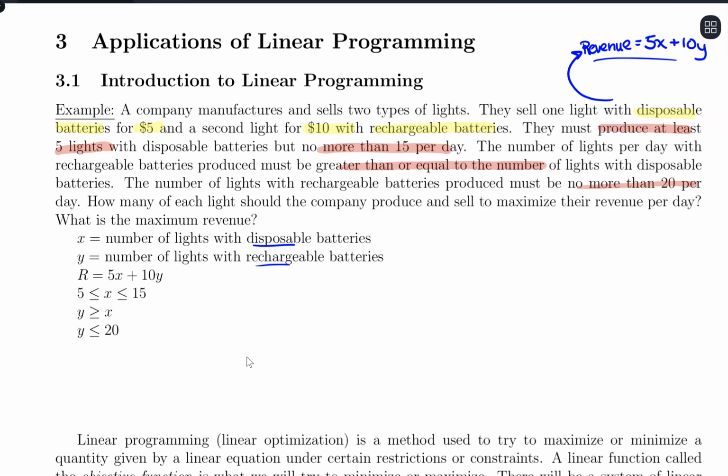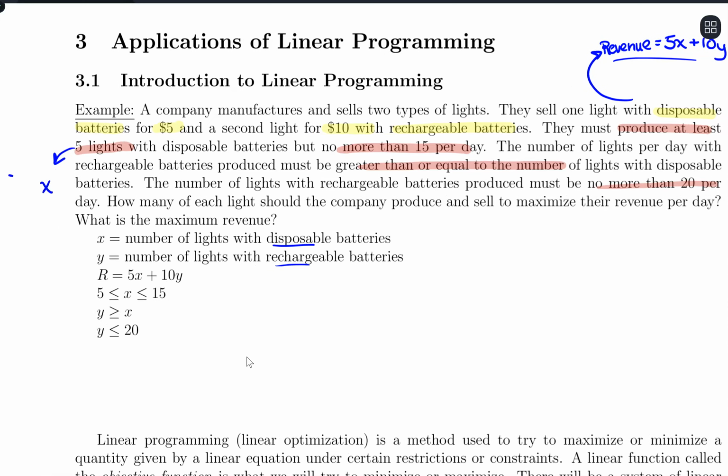Then their restriction for disposable batteries, produce at least 5 lights, but no more than 15. So that's giving us this restriction that however many value for X we have, the lower bound is 5, upper bound is 15. So X is stuck between those two pieces.